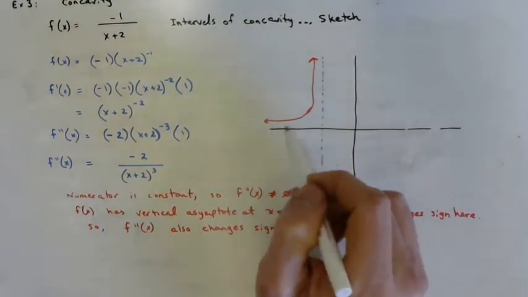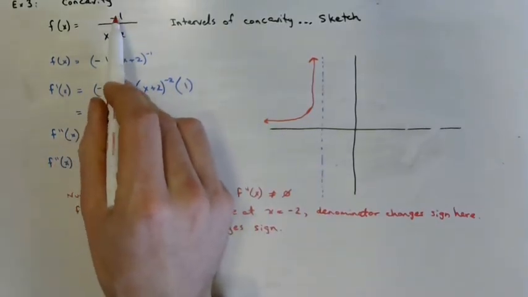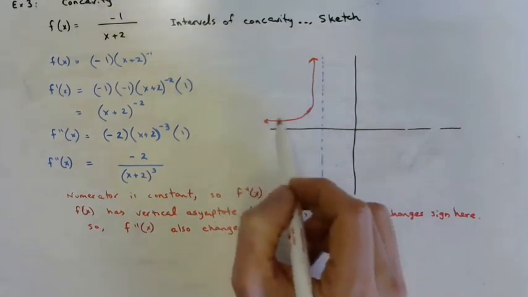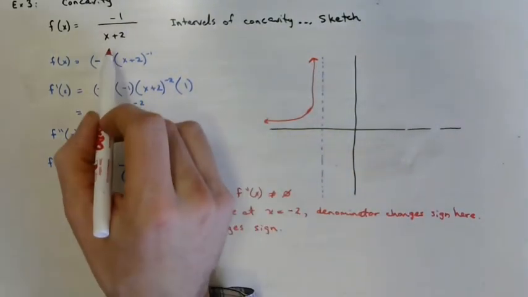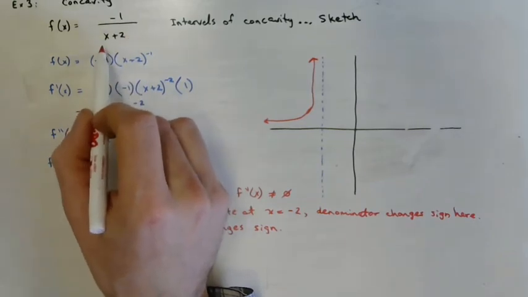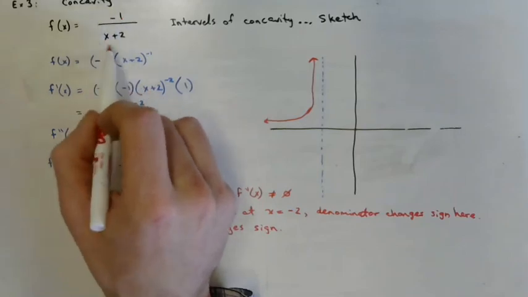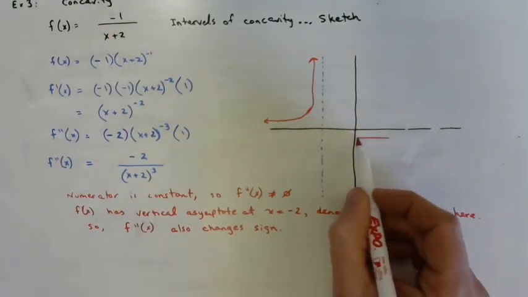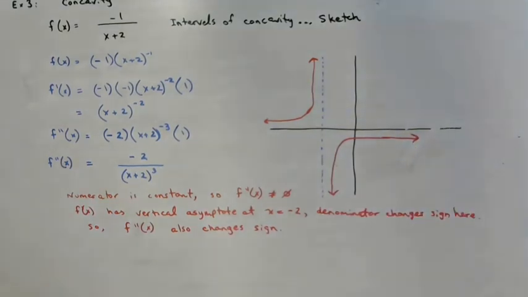Now I'm talking about to the left of -2, where the denominator will be negative and the numerator is negative, so the value of the function is positive. Over here, to the right of -2, the denominator is positive, and the numerator is negative, so the whole function is negative. A negative over a positive. So this leg looks like that. Now to get back to what I was actually talking about.